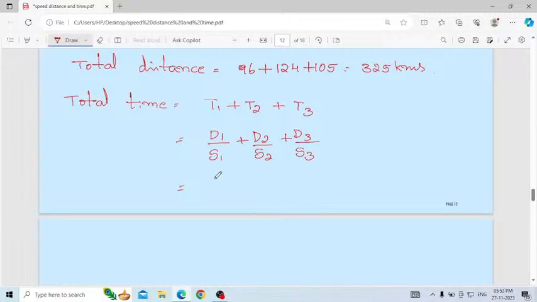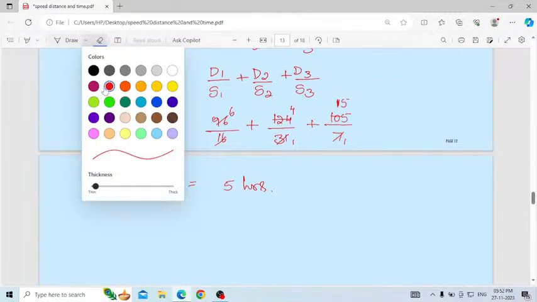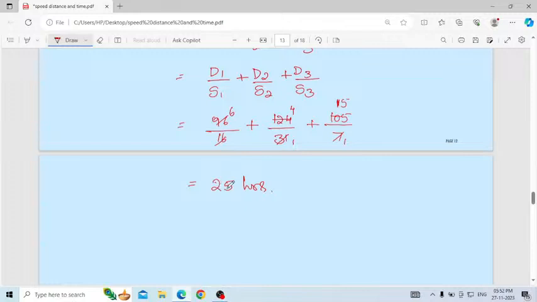Then it will be 96 by 16, plus 124 by 31, plus 105 divided by 77. Then cancel it. Then add all together, you will get 25 hours.